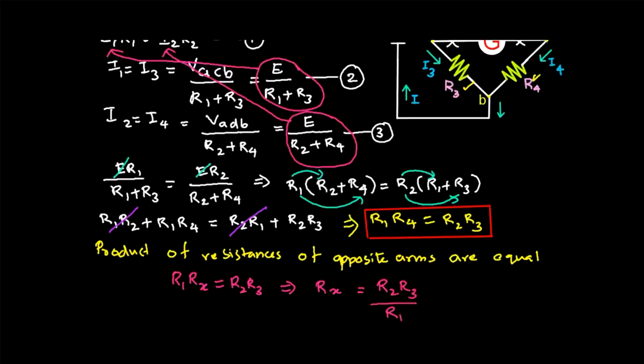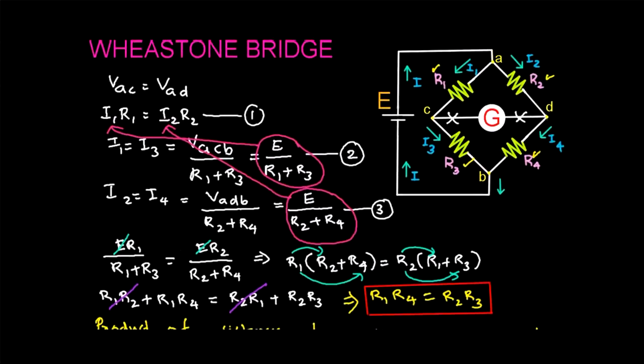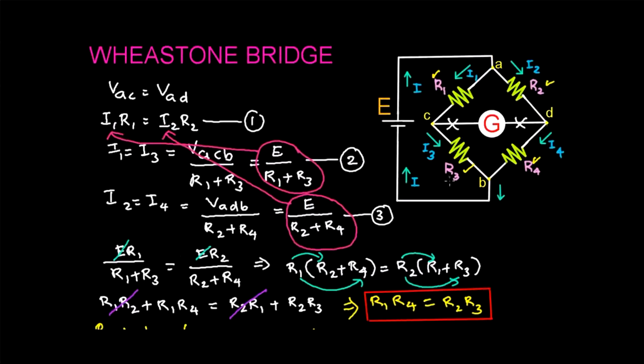We know that Rx is equal to R2 R3 by R1. So if we know the three other resistances, we can find the unknown resistance. That is another application of the Wheatstone bridge. Using the three known resistances, we can calculate the unknown resistance.